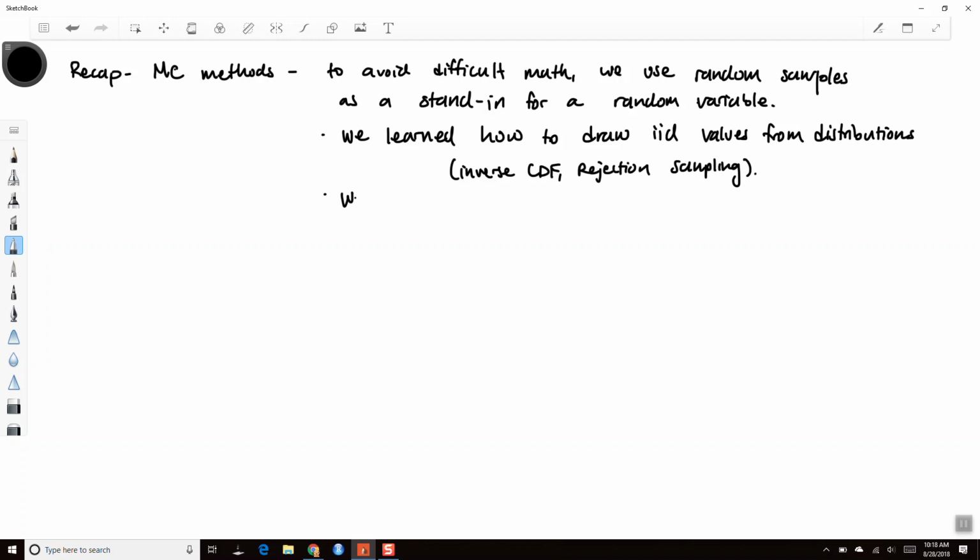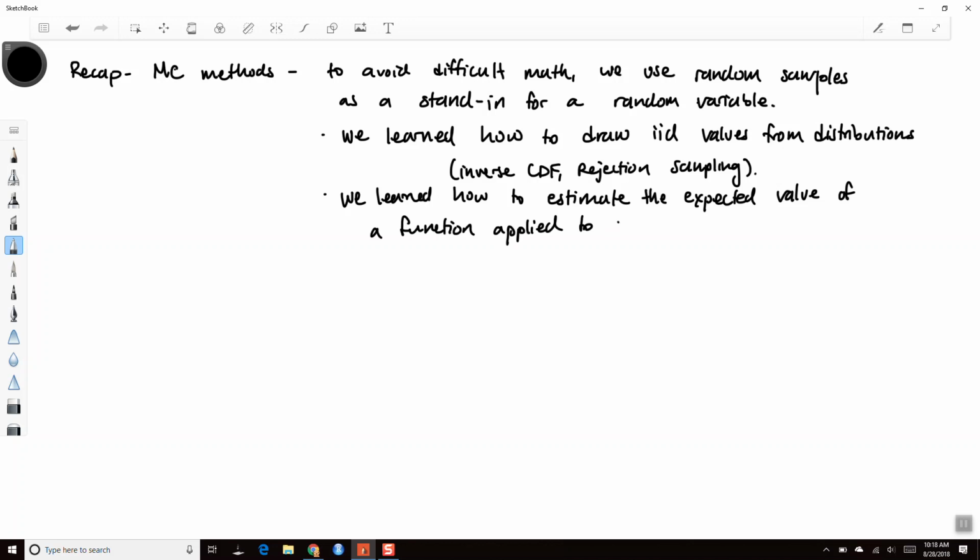And then we learned how to estimate the expected value of a function applied to a random variable. And that's Monte Carlo estimation, Monte Carlo integration, along with importance sampling.